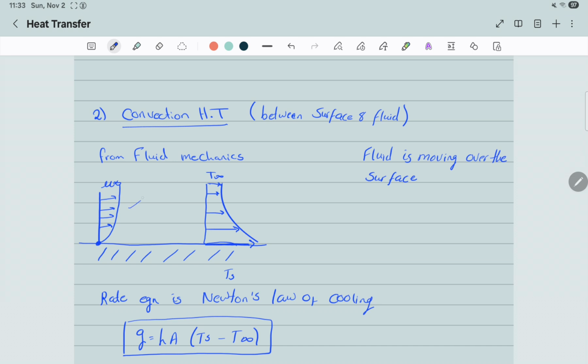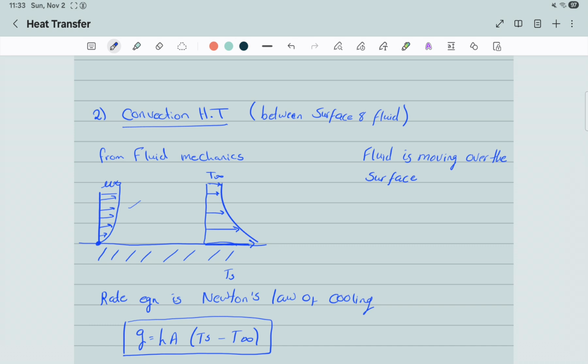If we look at this schematic to my left, that is the behavior of a fluid velocity traveling through a system. We notice that the velocity closer to the surface is lower. Then as we get higher away from the surface, the velocity is higher.